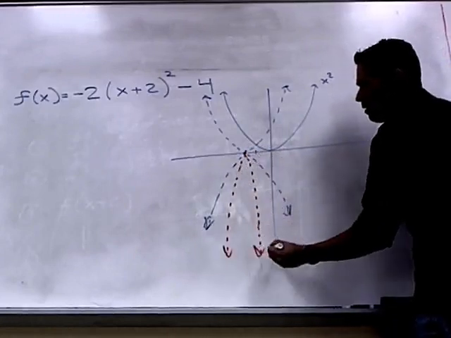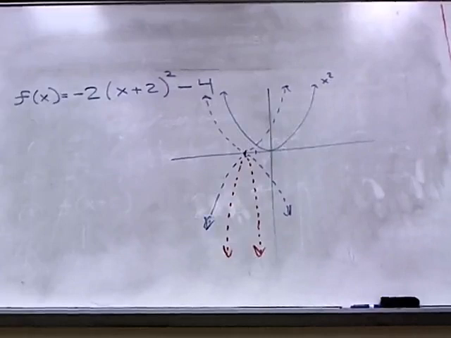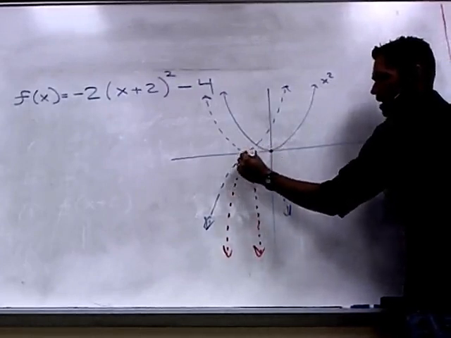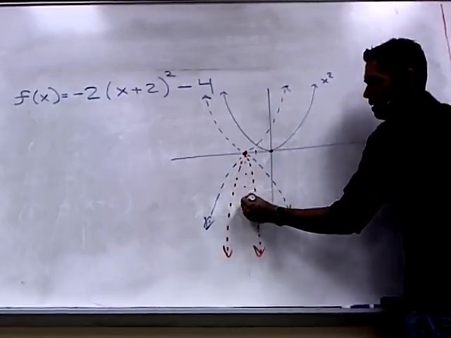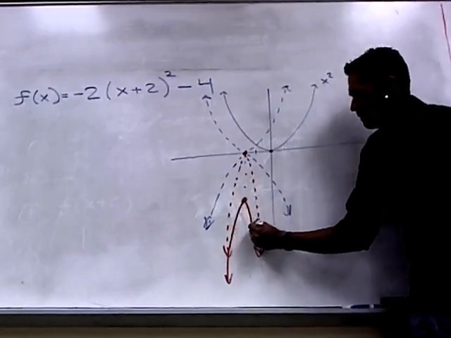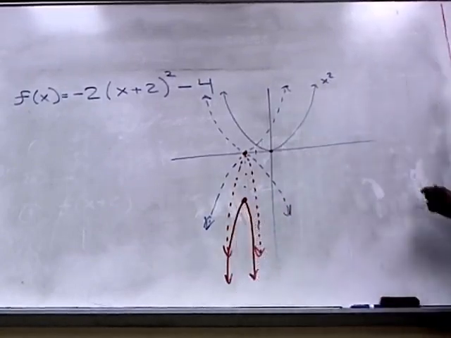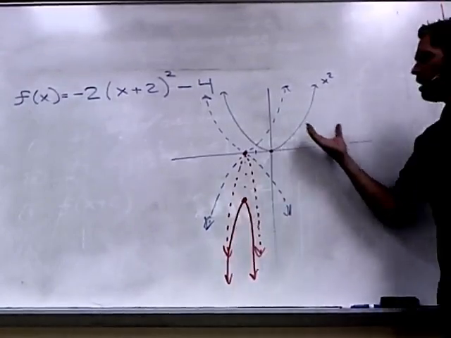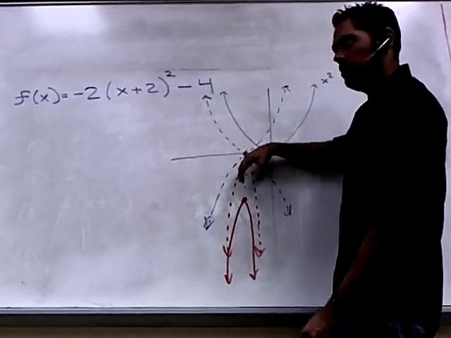I made it very narrow there. And then finally, down 4. So that point comes down 1, 2, 3, 4. Here it is. And now I can draw that like this. You'll see all those transformations. Left 2, flip, shrink, down.